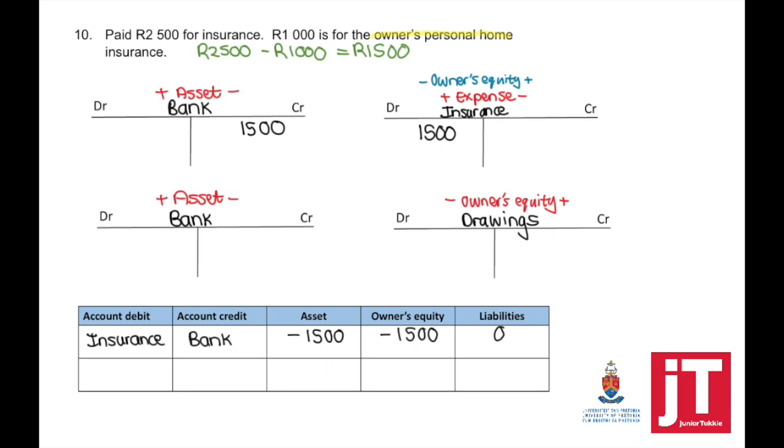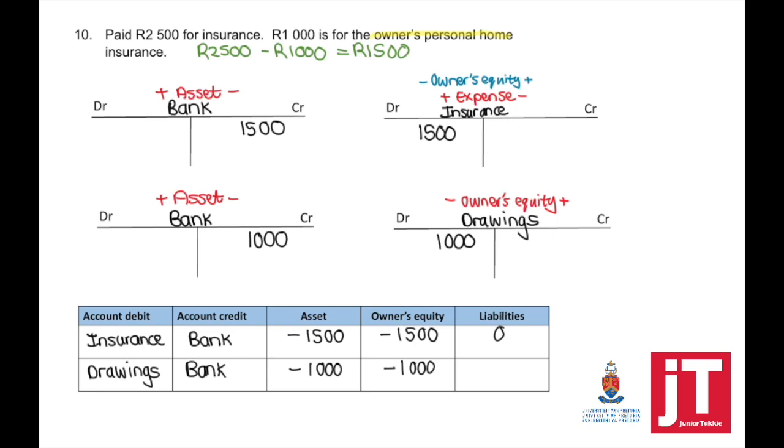The second part of this, account credited, bank. If the business makes a payment, bank is always credited. Account debited, drawings. This means on my accounting equation in the table, we're going to start with the account debit, drawings, account credit, bank, minus 1,000, assets, owner's equity minus 1,000.